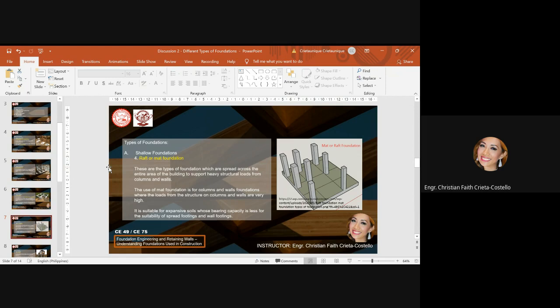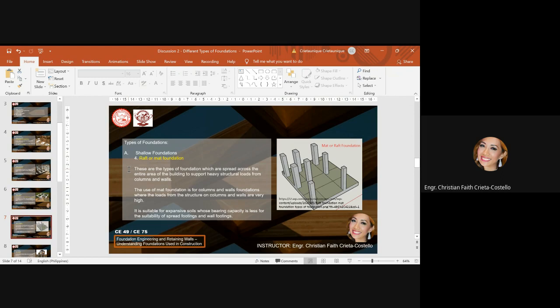Now, let us proceed to raft or mat foundation. As what you can see here, this is no longer isolated, but it is presented as a raft or mat foundation. So this is a type of foundation which is spread across the entire area of the building to support heavy structural loads from columns to walls.